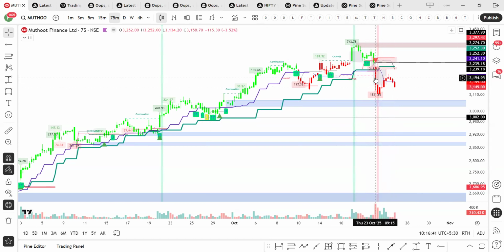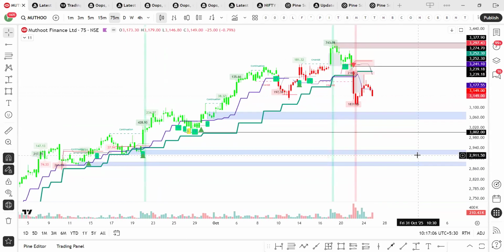And one lot is not a small position for capital of 10 lakh. Some people think that I'm buying just one lot or I'm selling just one lot with capital of 2 or 3 lakhs. So from that, if it goes in losses of 1 lakh rupee, then it's disaster. So think on those terms. How much capital protection you have, how much of your capital can get eroded if it continues falling down. That way you can decide.